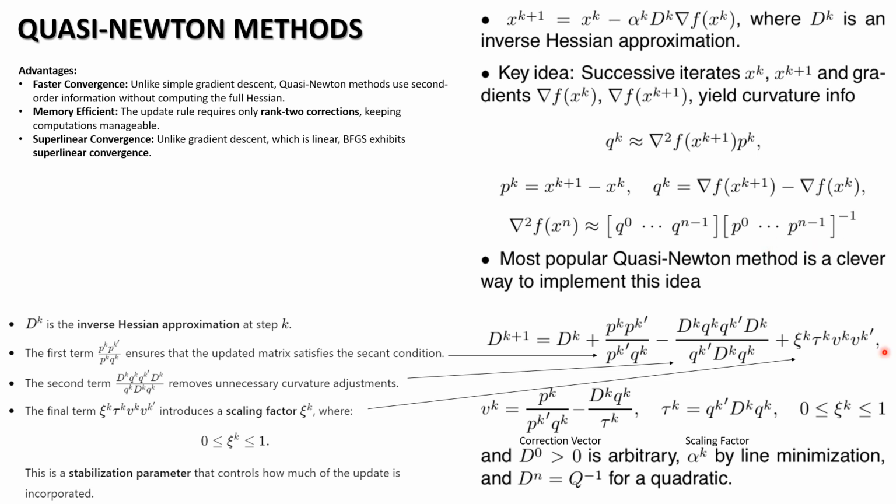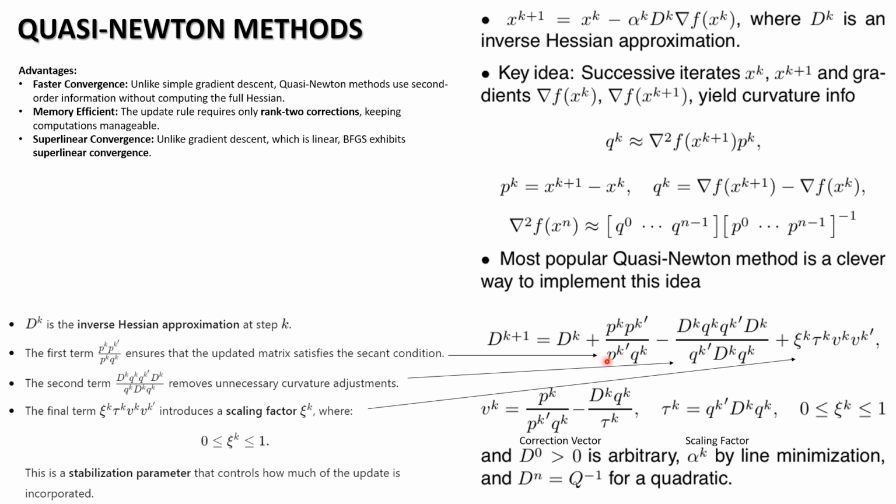The quasi-Newton update formula, just to remind you, the Broyden, Fletcher, Goldfarb, Shanno method, the most popular quasi-Newton method, uses the following recursive formula to update the inverse Hessian approximation, this one. The first term ensures that the updated matrix satisfies the secant condition.